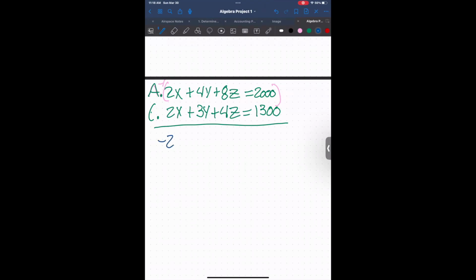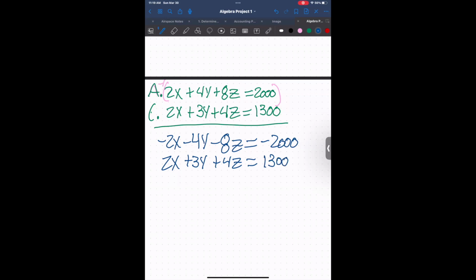So it's -2x minus 4y minus 8z minus 2,000. See? Fairly easy. As you can see, we're going to bring down C. It's going to be 2x plus 3y plus 4z equals 1,300 positive. Right off the gate, we can see that we've canceled out x.